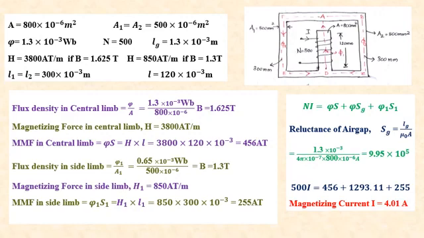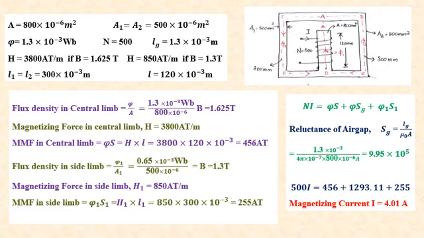So hope you are clear with these two problems explained. While doing the numericals in parallel magnetic circuits, first of all write the basic equations. If there is no air gap, then the equation of total MMF will be Ni equal to phi s plus phi1 s1, or Ni equal to phi s plus phi2 s2.